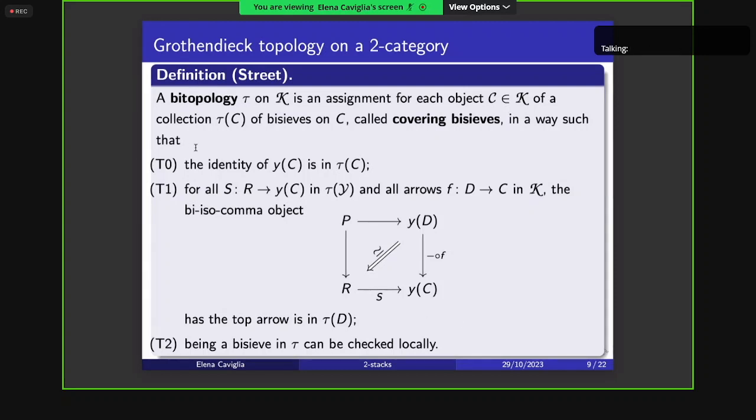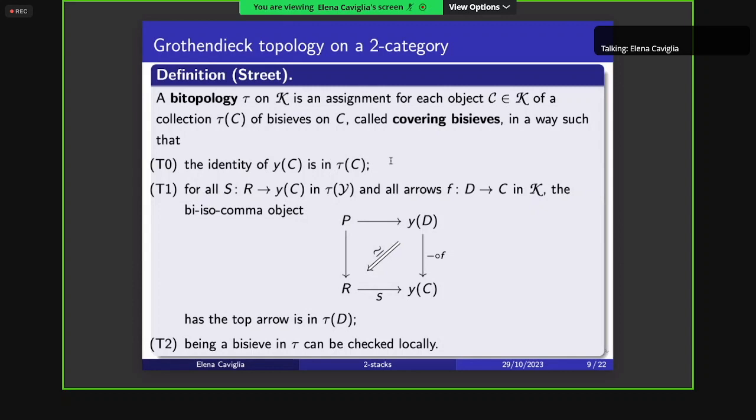So a bitopology on K is an assignment, for each object of the 2-category, of a collection of bisieves that we call covering sieves, in a way such that these three conditions are satisfied, and these are just the analog of the one-dimensional conditions that we have seen before.